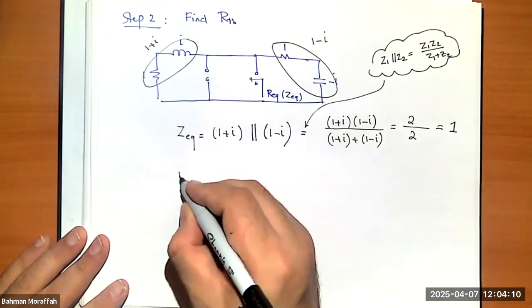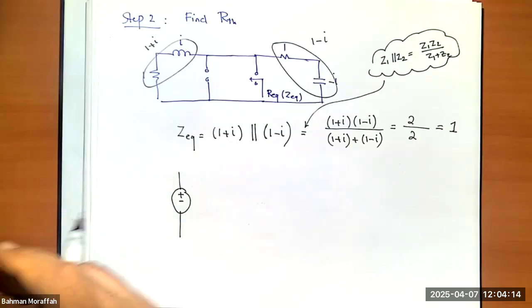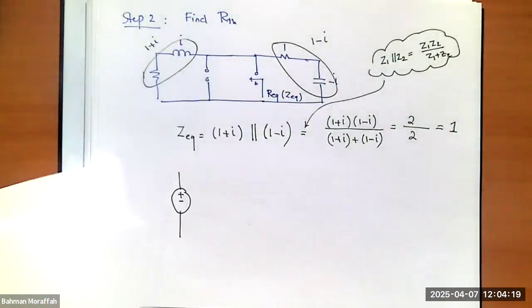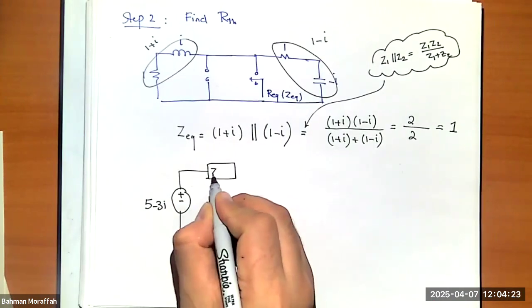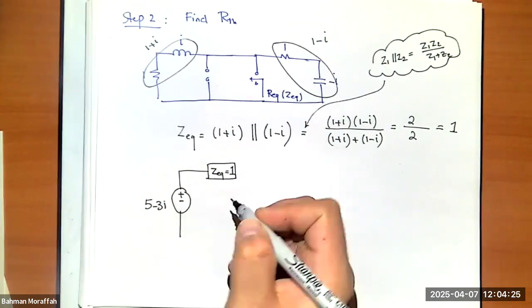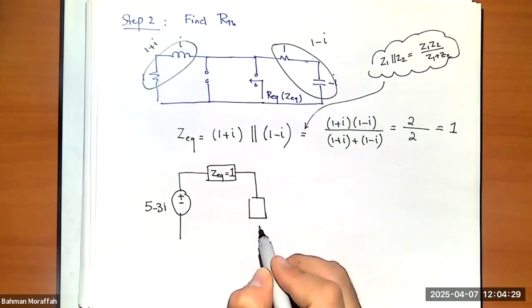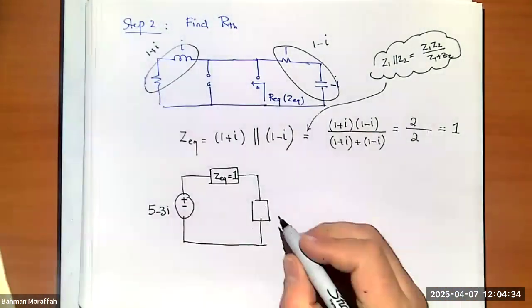Right? What is my Thevenin equivalent? Well, I have my V open circuit, which I already computed, and I know it's 5 minus 3I. I have my Z Thevenin, which is 1. And now I'm going to have to stick the load back in here, which is another 1.